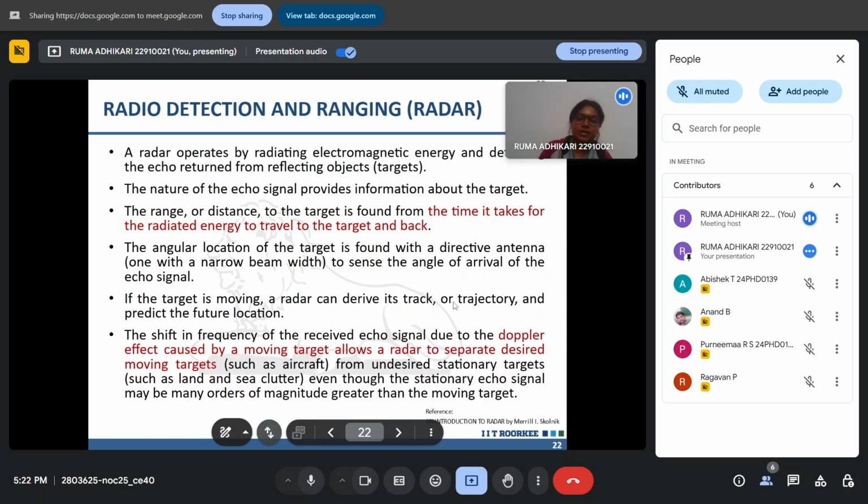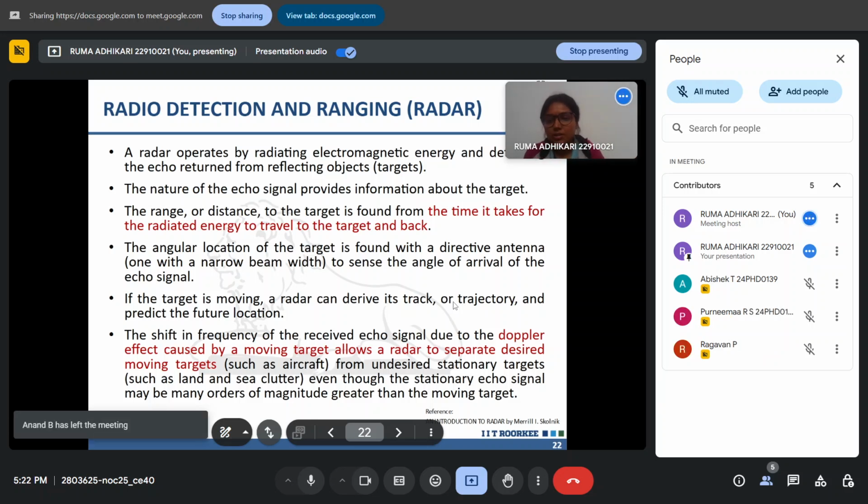For our purpose it is stationary, but for how it started, when we wanted to detect one moving car, the Doppler effect is like the sound it creates when it is going far. Similarly, here it is not sound but the microwave signal. It decreases when the target moves away, and when it comes nearer it increases. So that's the Doppler effect, and it has a very important role for radar.